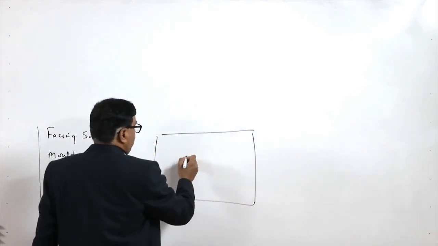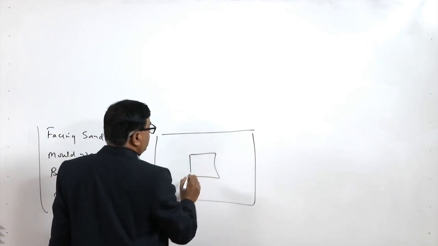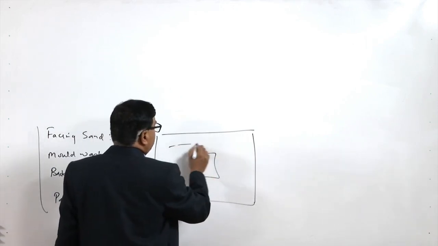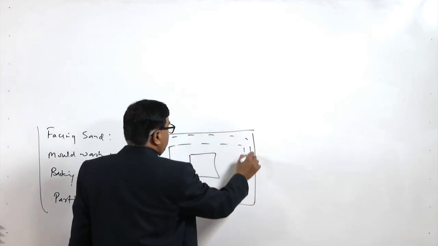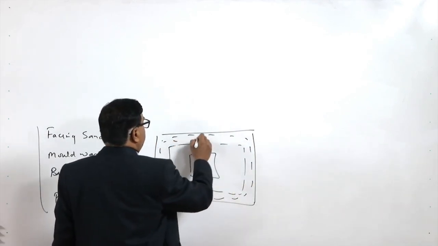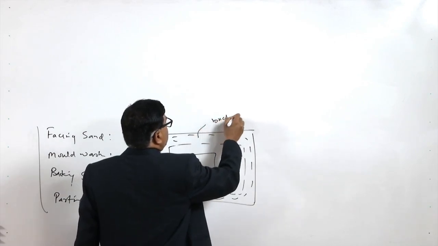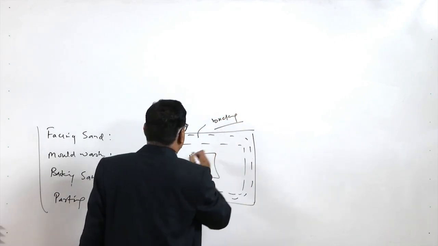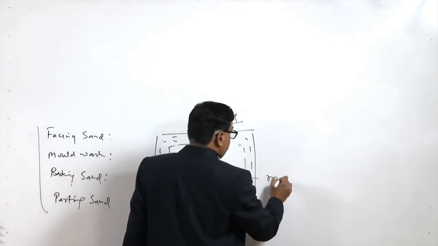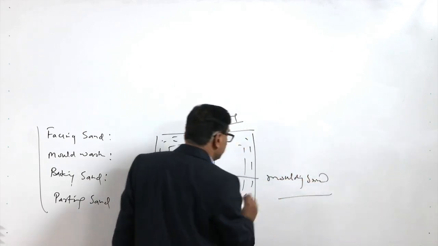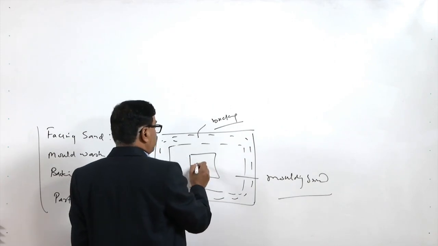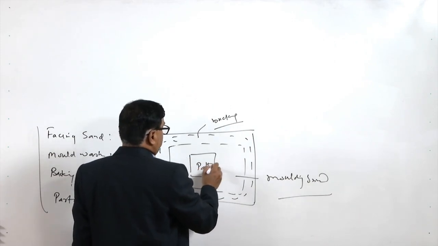And here we have the pattern in the top view, then the filling of the mould flask is achieved through the backing sand. So, basically it provides required backing to the main moulding sand, so that the moulding sand which is next to the pattern, this is the pattern.